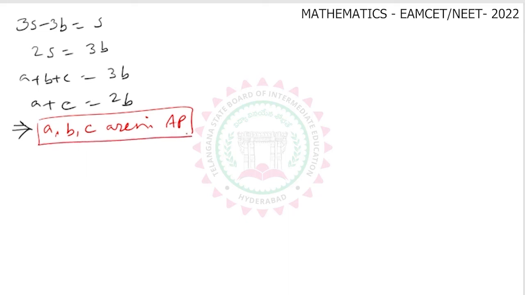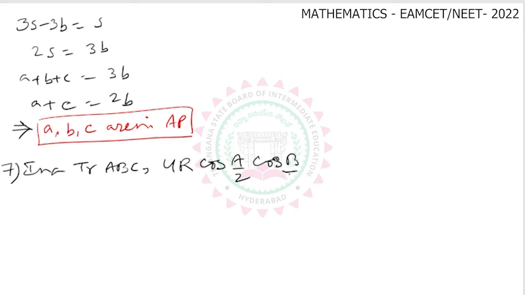So this is my answer, the second option. Seventh question: in a triangle ABC, 4R cos A by 2, cos B by 2 into cos C by 2. Options are delta, S, small r and 2S.